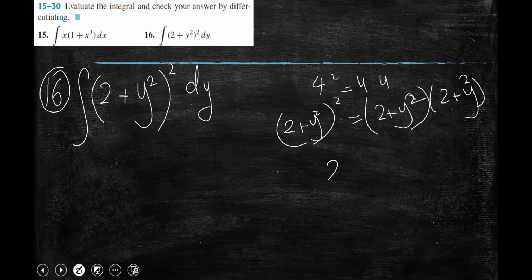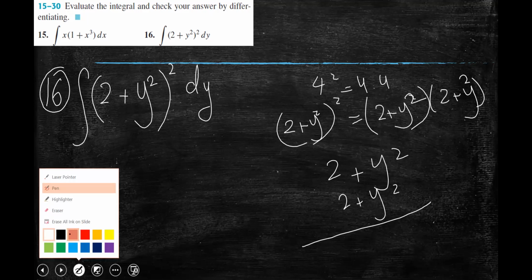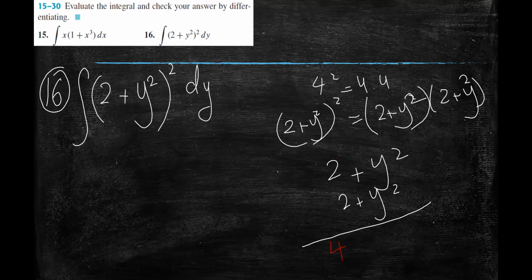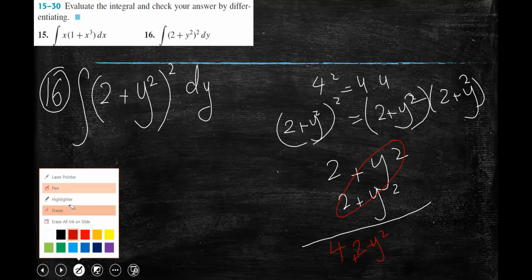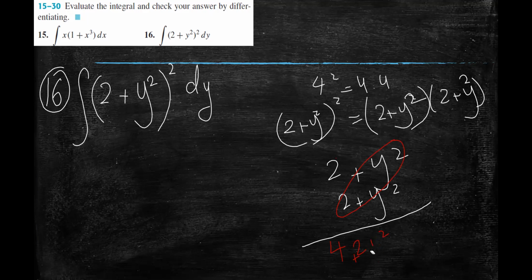Let's do it here in a vertical way. 2 times 2 is 4. 2 times y squared is 2y squared.